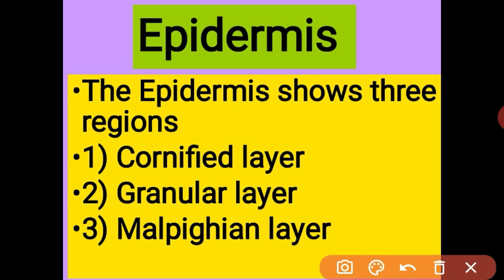It also prevents bacterial infection, and it also prevents the loss of water by evaporation. These are the three main functions.